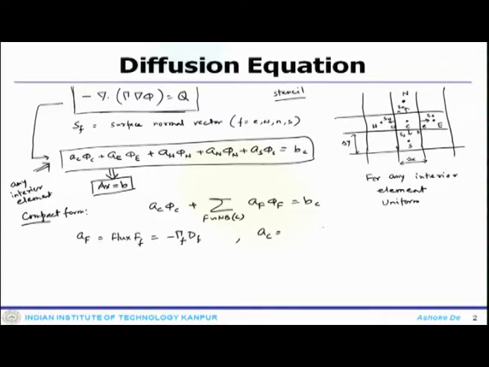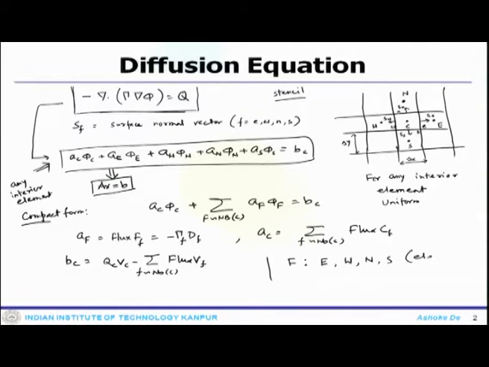AC was the summation of small f over all the faces of the flux, and BC is QC times volume minus the summation over all the faces of flux BF, and capital F in all these stands for east, west, north, south.